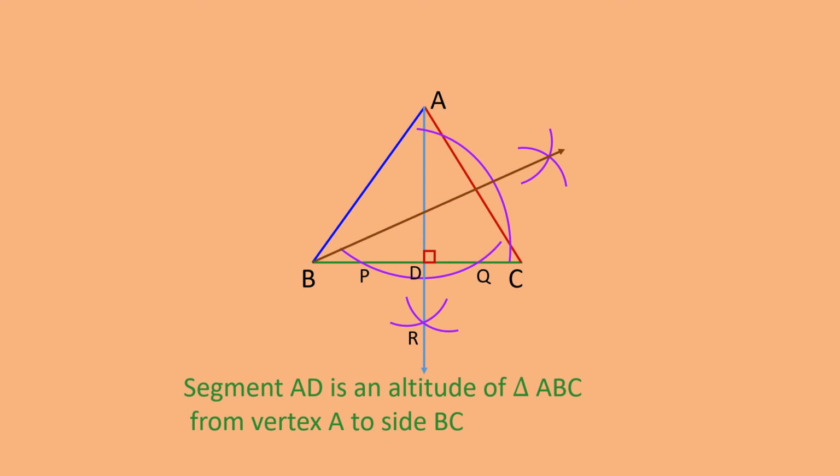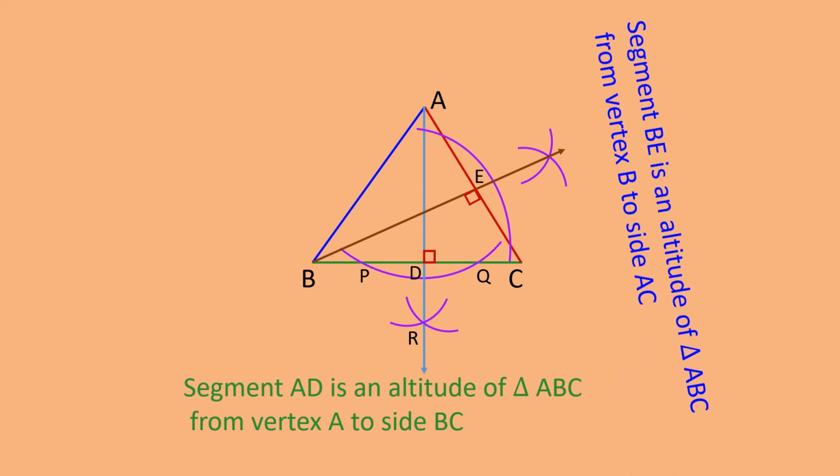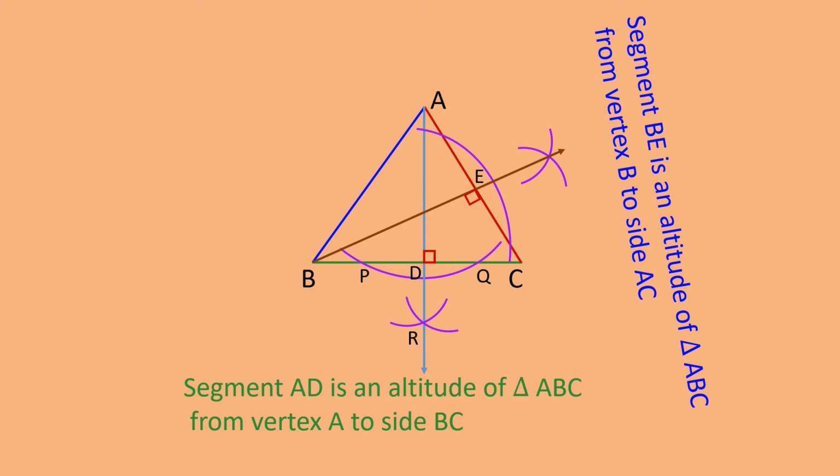So we got our line here. Clear? The same method. We will name the point E where BE is intersecting side AC. So at point E we have a perpendicular. Got it? So we can say segment BE is an altitude of triangle ABC from vertex B to side AC.